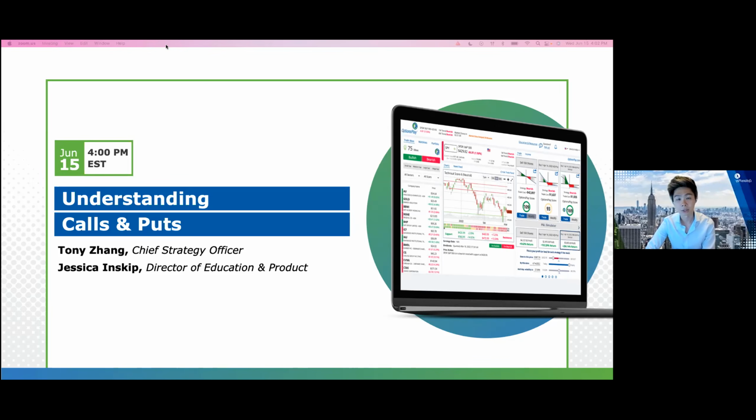We're going to take some time here today and dive into the basics of these types of contracts, what they mean, and also go through some scenario analysis so that you can really understand how they perform when the trade goes in the direction that you expect it to, what the risks are if the trade doesn't go in the direction that you expect it to, so that you can better understand how to utilize these strategies for your portfolio and how to go about selecting the appropriate strike prices for buying a call or a put option. So with that, let's go ahead and get started.